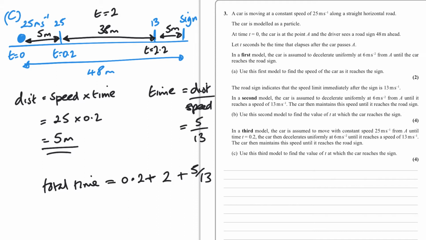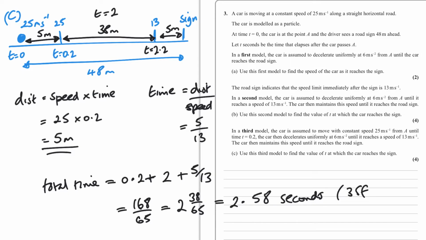If I think of each of the 3 sections separately, that gives me a total time of 168 over 65, or you can have 238 over 65, or in terms of decimals, 2.58 seconds. I'm doing this to 3 significant figures.